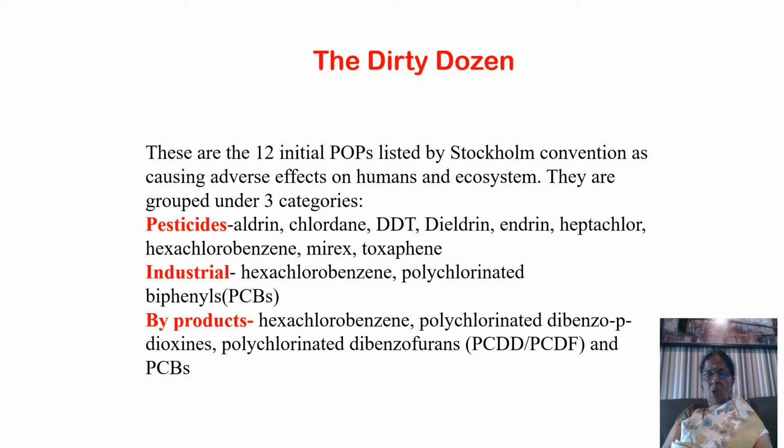And some industrial compounds are hexachlorobenzene and polychlorinated biphenyl, PCB. They come from industries. And there are certain byproducts. What are byproducts? Not the main product in the factories or plants; these chemicals are produced as secondary products.